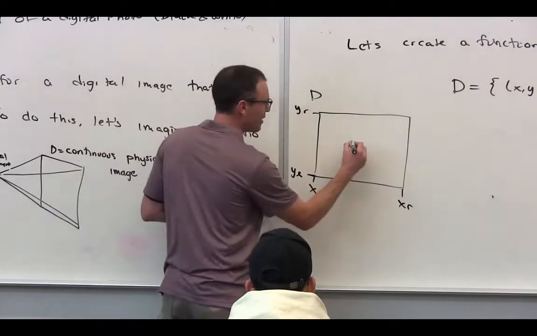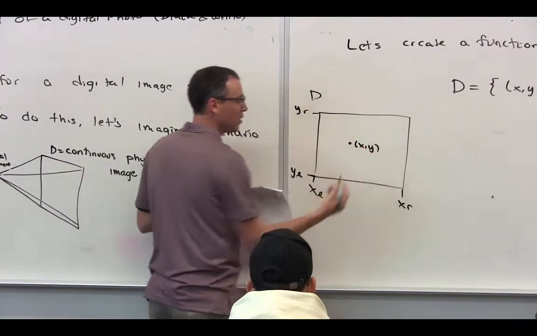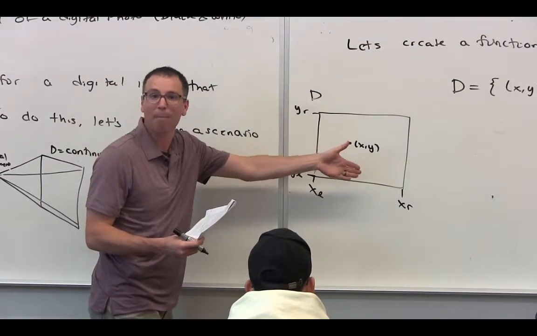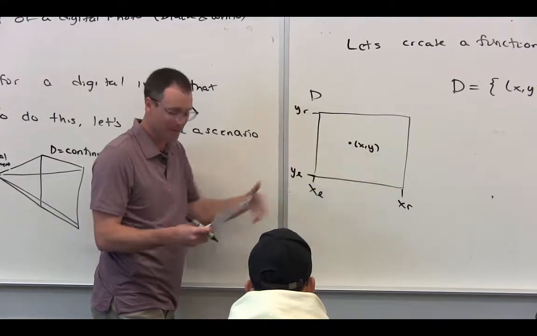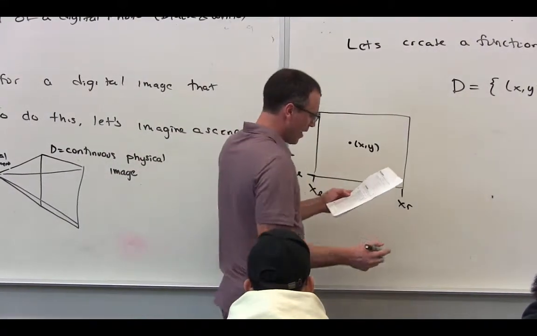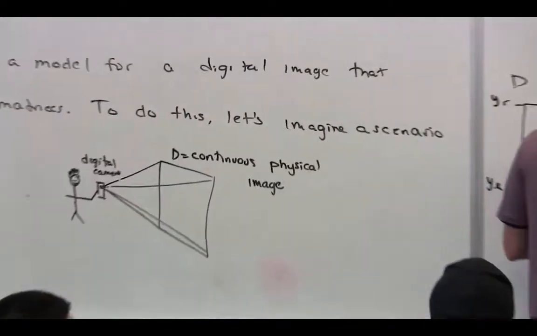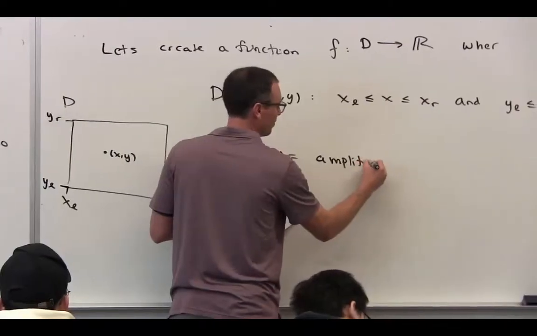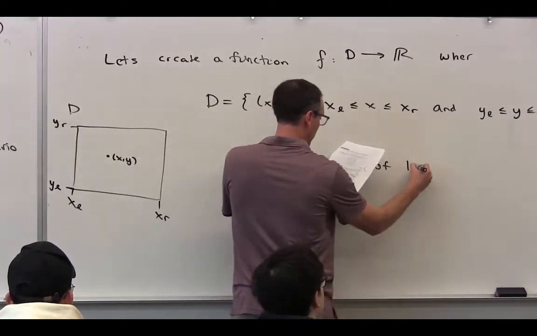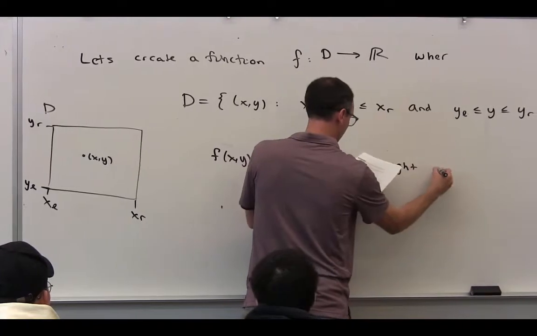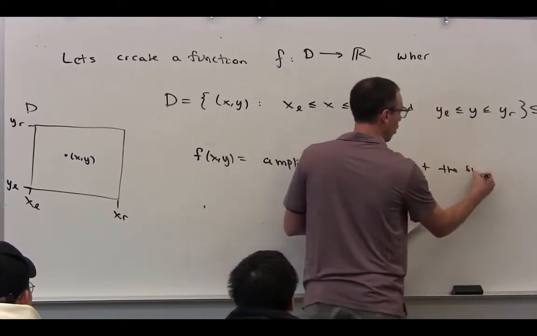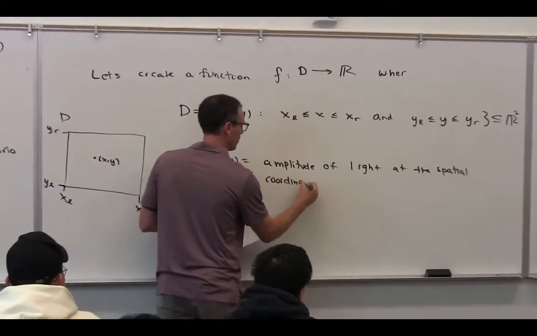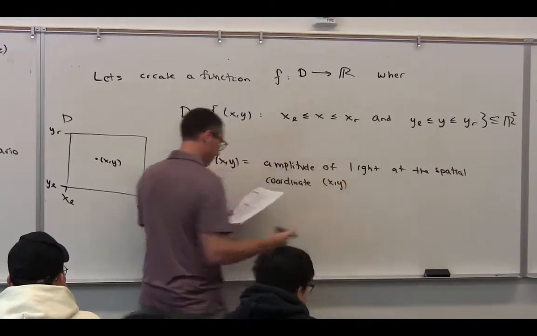All right, and then what we could say is that any point in this space, x sub y, represents the corresponding coordinate axis imposed into physical space, right? And then we could say that f at that point equals the amplitude of light at the spatial coordinate x comma y.